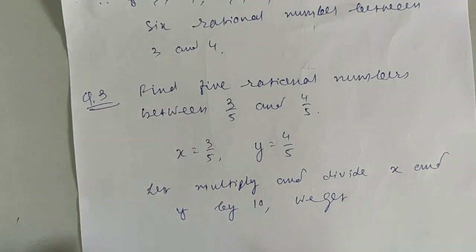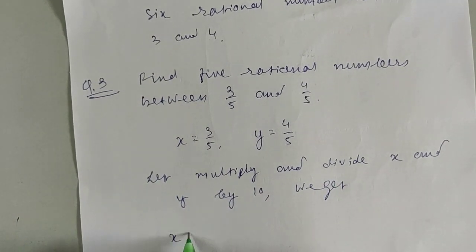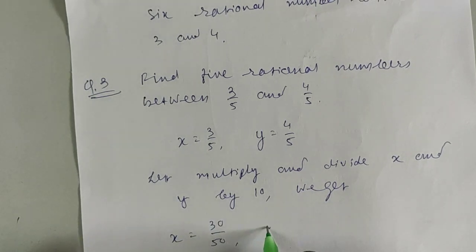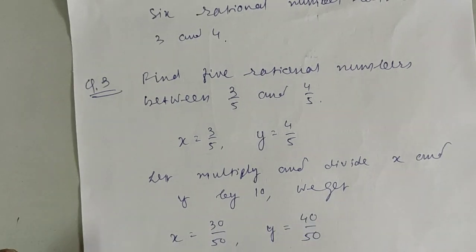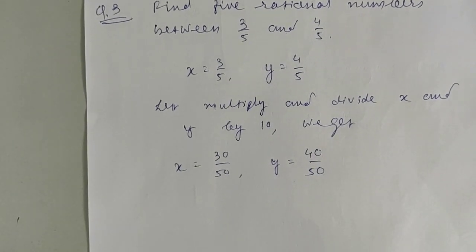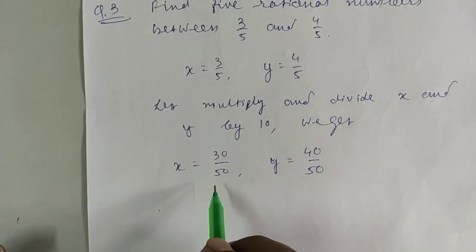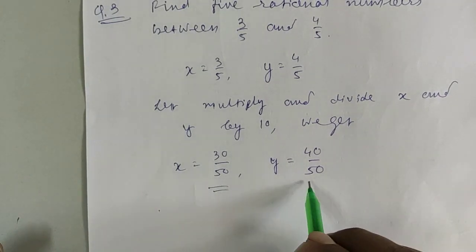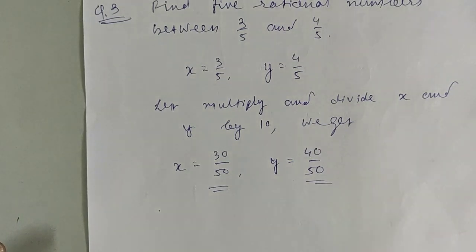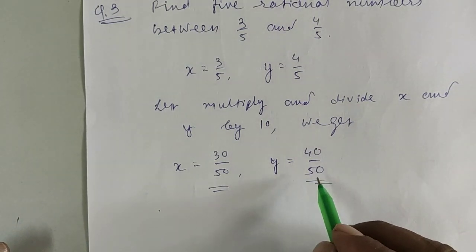We get x is equal to 30/50 and y is equal to 40/50. Therefore, now write down the numbers lying between 30/50 and 40/50.